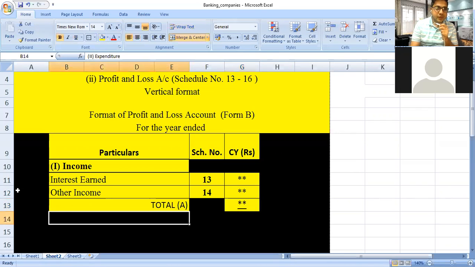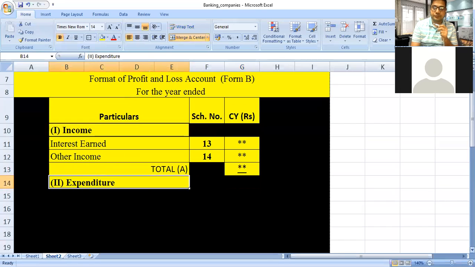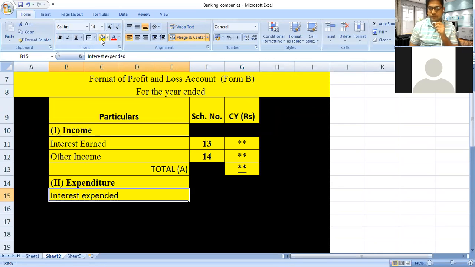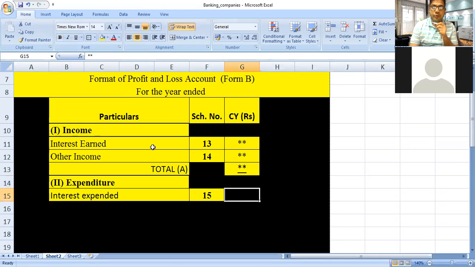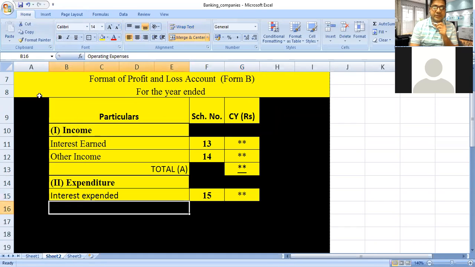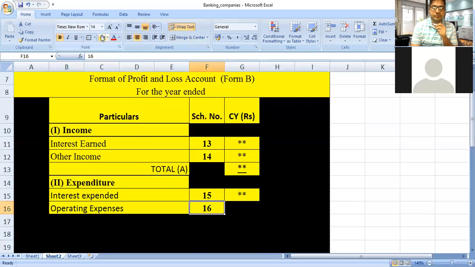Then, number two belongs to expenditure. Under expenditure there are two kinds: interest expended, which is schedule 15, and other operating expenses, which is schedule number 16. These two schedules belong to expenditure.